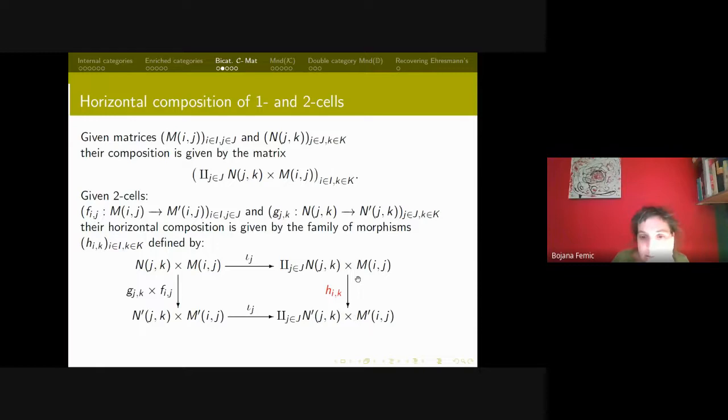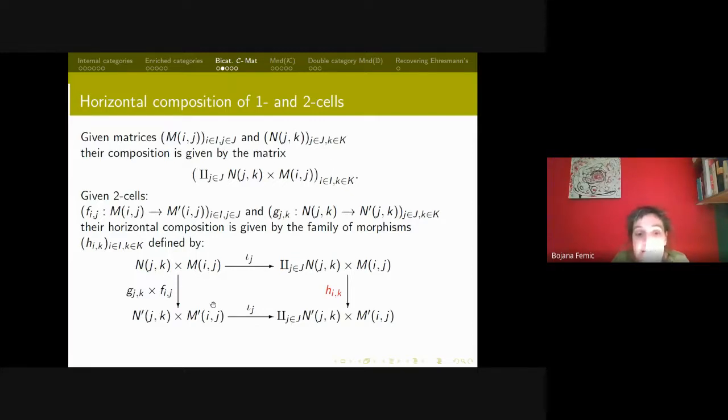Well, let us see here, what do I have? So I have these F's and G's, right? So then on a fixed product M_ij and N_jk, I take their two corresponding morphisms, G among N and N prime, F among M and M prime, and then on the top I embed into the corresponding coproduct, and on the bottom also.